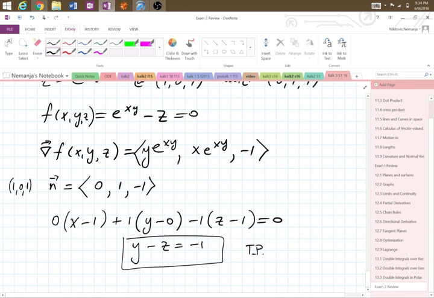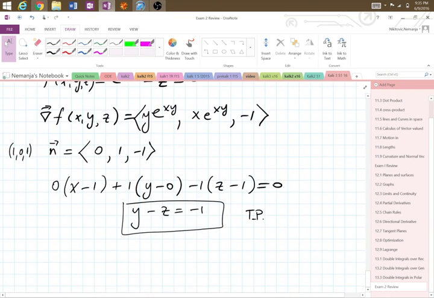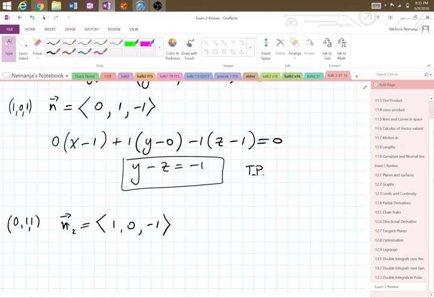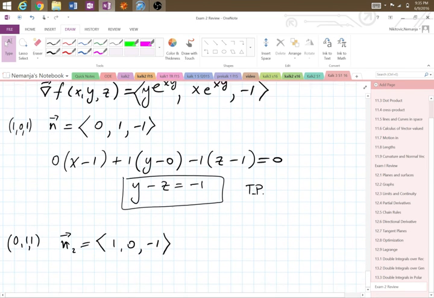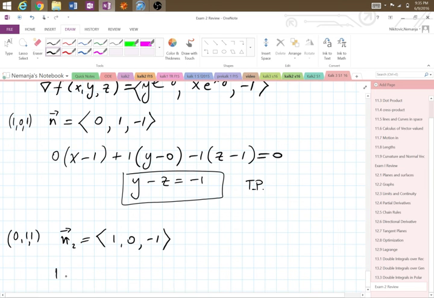And now you recompute this for the second point, 0, 1, 1. So we are doing two separate problems here. Compute the gradient at it again. So for the second point, it's going to be plug in 0, so 1, 0, negative 1. And we plug everything into the equation. So 1 times x minus 0 plus 0 times y minus 1.